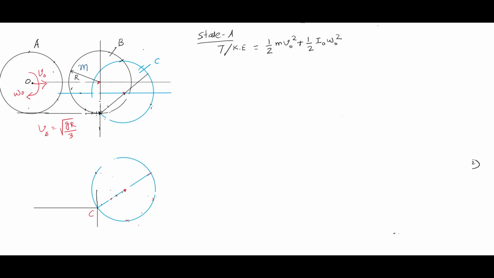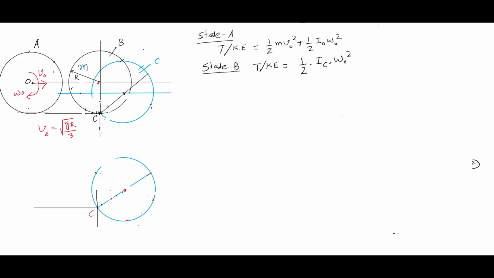In state B, the total kinetic energy is equal to half, this is point C, the point of contact, half I_C into omega naught square.